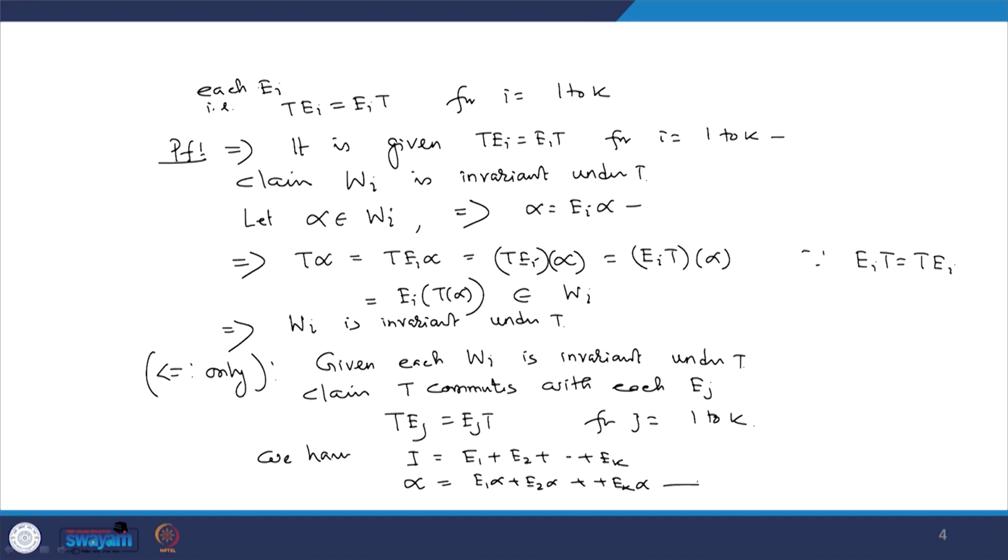So, this implies T alpha will be equal to sigma T E_i alpha, i equal to 1 to k. I mean to say T alpha is equal to T E1 alpha plus T E2 alpha plus T Ek alpha.